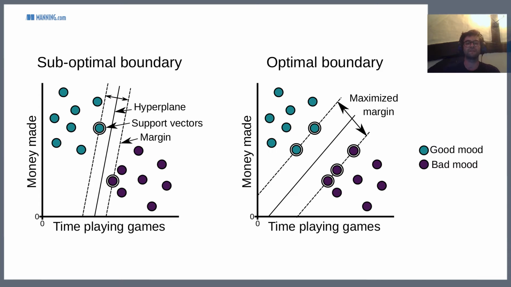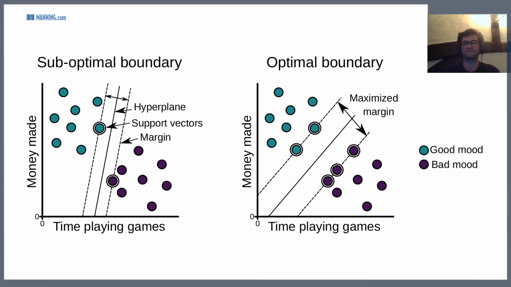In this silly example, I've got just two variables. So the money that you made your company this month, for example, and the time that you spent playing games at your desk this month, and you're trying to use this data to predict whether your boss is in a good mood or a bad mood with you, which is a very important machine learning task.